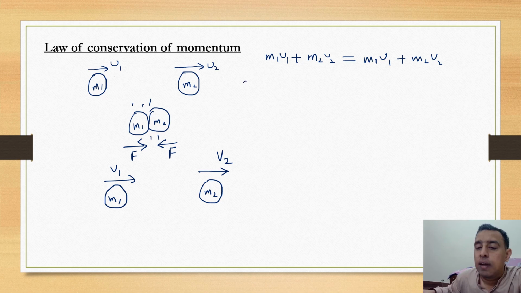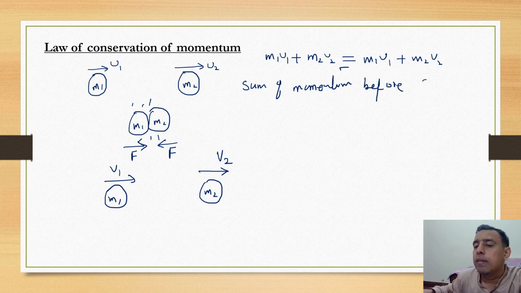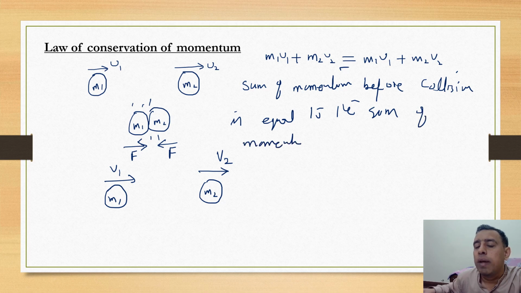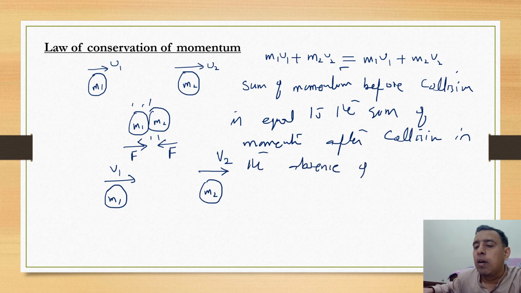Like sum of momentum before collision is equal to the sum of momentum after collision in the absence of any external force.